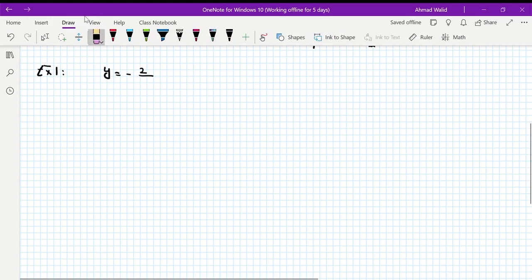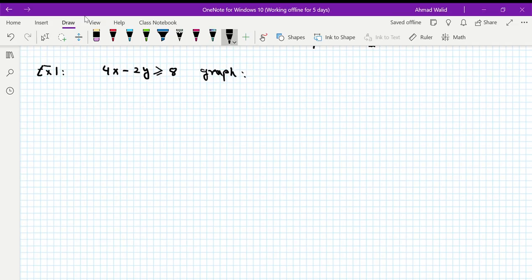Let me change this example. For example, let's choose this one: 4x minus 2y greater than or equal to 8. For example, they are asking you to graph this linear inequality.